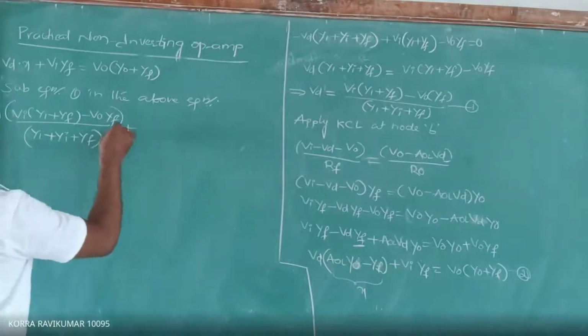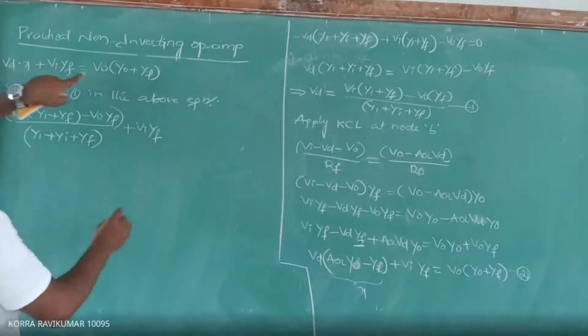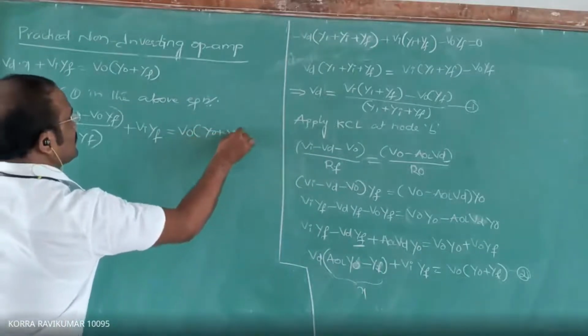Plus Vi into Yf, which equals V0 of (Y0 plus Yf).